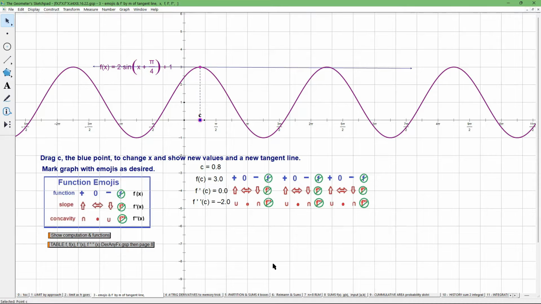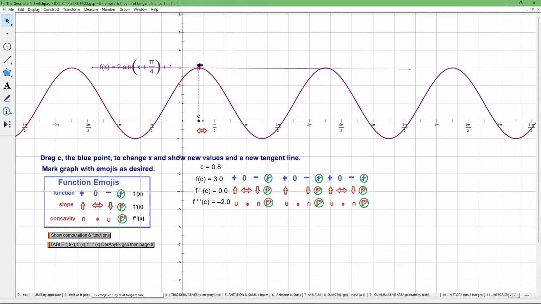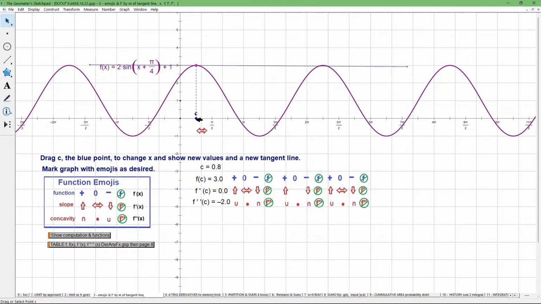is 0, so I'm going to use the derivative, and I'm going to say the derivative there is not changing. I go a little bit this way. Now I can see I have a negative slope.